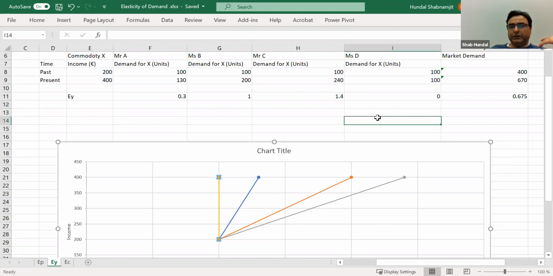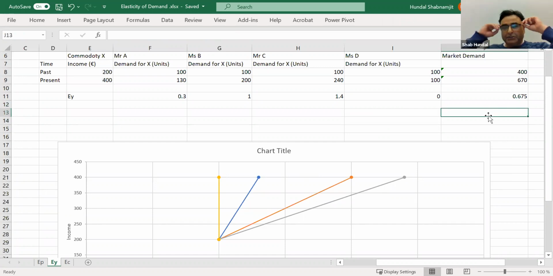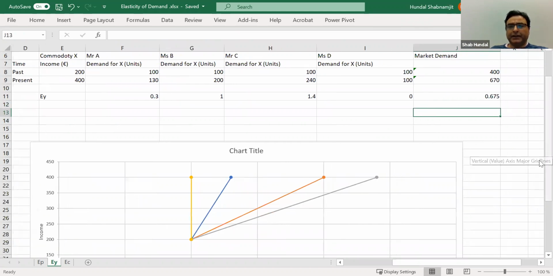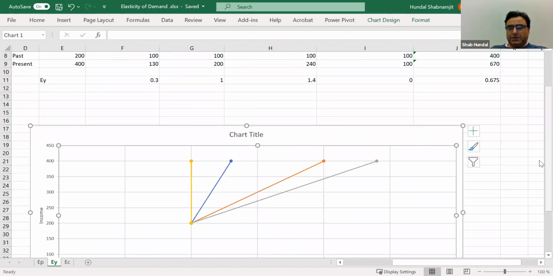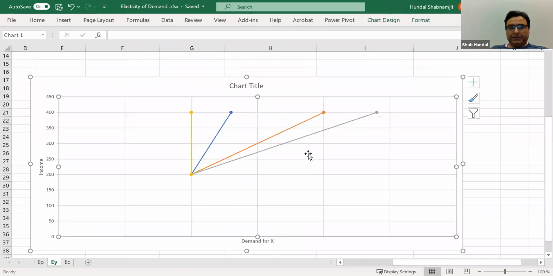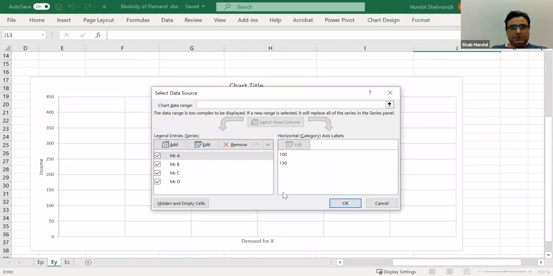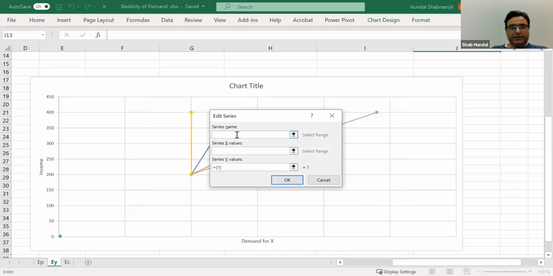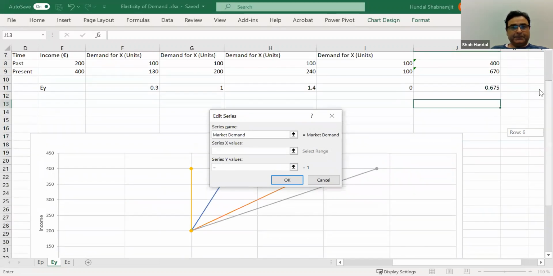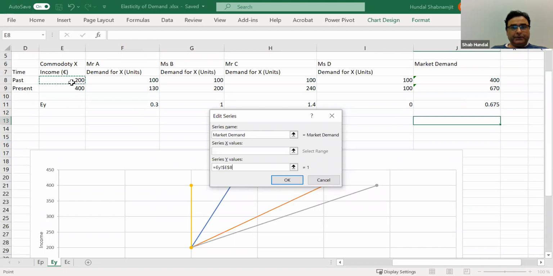And if you want me to draw the overall market sensitivity, how sensitive is the market overall, then I have to go here and select the data. Let's call it market demand. No, not here. Add here, the market demand. And the y-axis is the income change, which is here, 200 to 400.